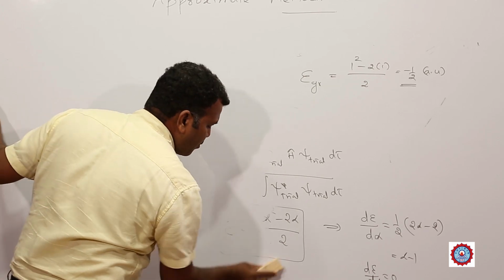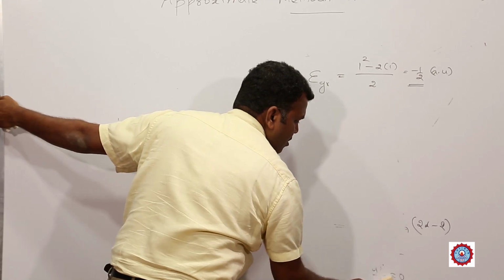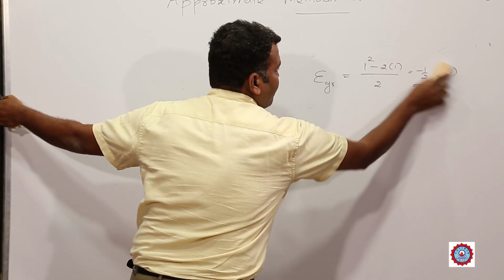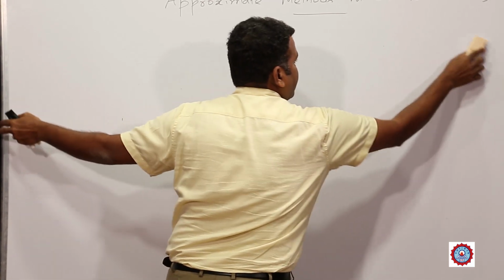So, I have proved that the variation method works well for known systems, and we can apply this technique even for systems containing more than one electron.